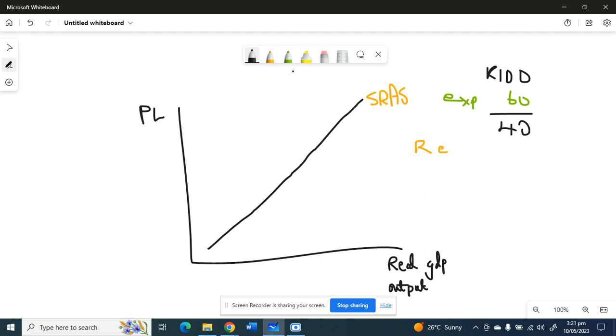But now let's say there's inflation of 50% in the country, meaning the prices of goods and services have all gone up by 50%, meaning your expenses also increased by 50%. So 50% of 60 is 30. 30 plus 60, it means your expenses are now 90 kwacha.